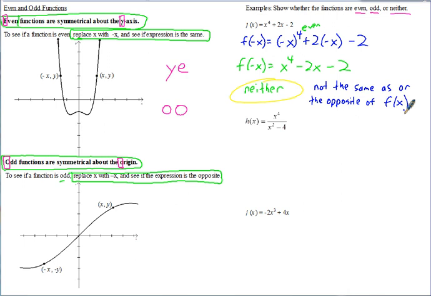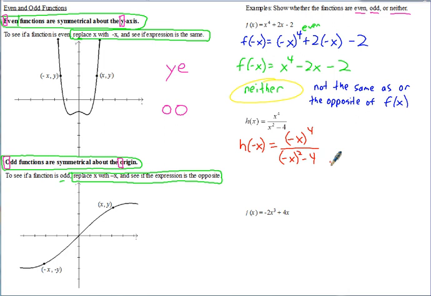All right, now let's take a look at the next one here. We've got h of x is x to the fourth over x squared minus 4. So let's plug in negative x, substitute negative x for x. You can see what happens. Negative x to the fourth over negative x squared minus 4.